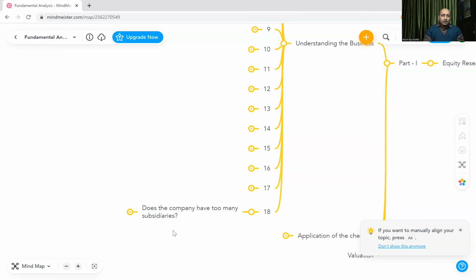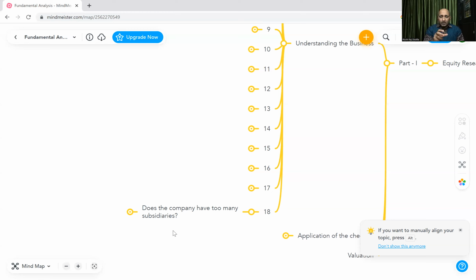Now they are having some good governance. So it can be a red flag, but if their subsidiaries are unique in nature and supporting the core company, then it can be a good one.